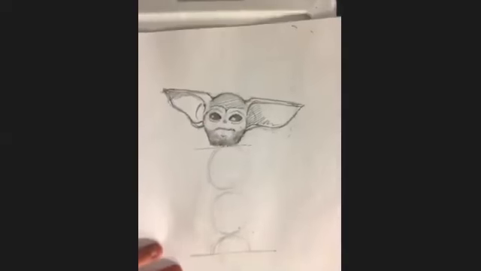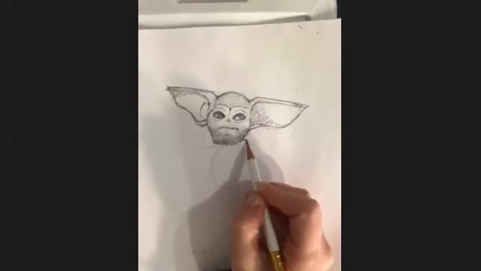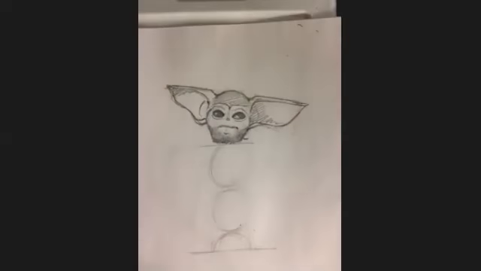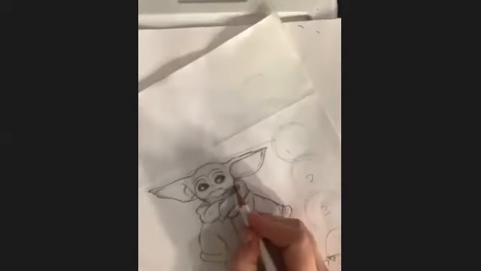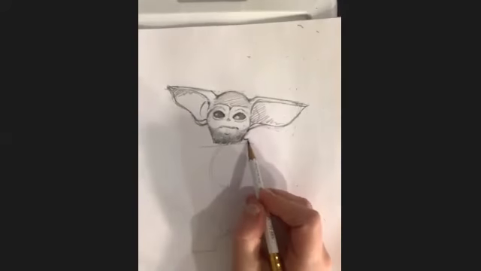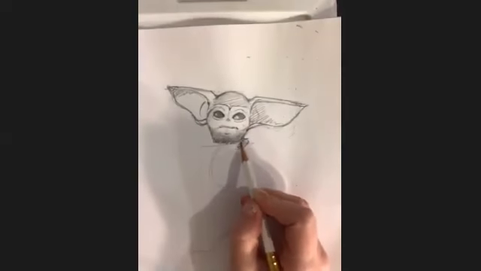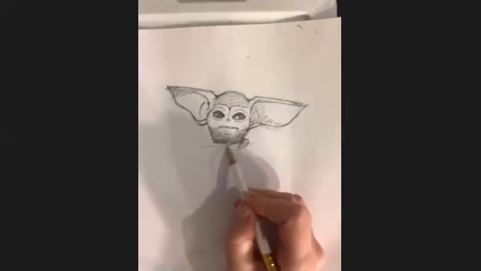All right, so the next part is the clothes. We're looking at shapes here. So this shape looks like this. Okay, so we're looking at one shape at a time. So this scarf is going to curve around him.